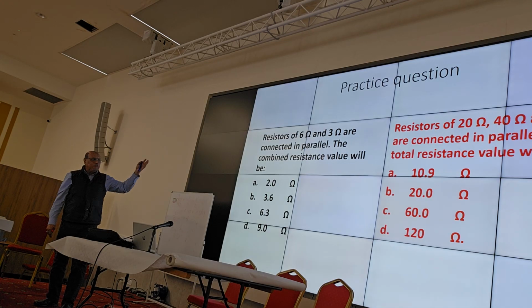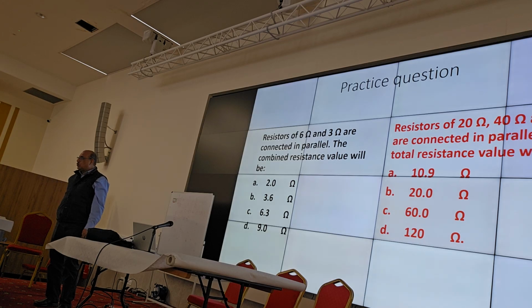Similarly, when they are parallel and some bulbs shine too much, it means a large amount of current is flowing. What could be the reason? Maybe one of the bulbs is short circuit. Somewhere there is a short circuit. These are the basic concepts which you need to understand, series and parallel circuits. And when you do the inspection and testing course, these are the main things to calculate insulation resistance. So all these things are very important.